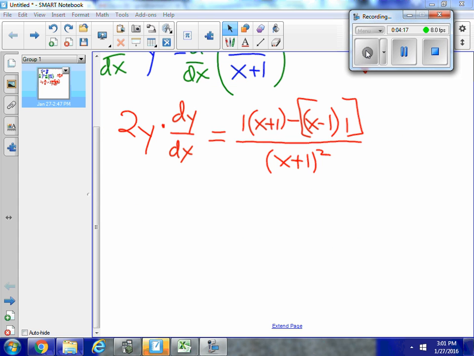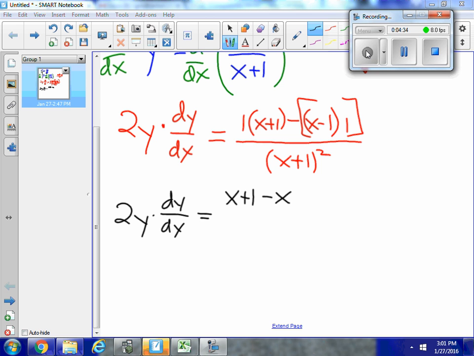Okay? So now I have 2y times dy over dx is equal to x plus 1 minus x minus 1, just distributing my negative sign, over x plus 1 squared.